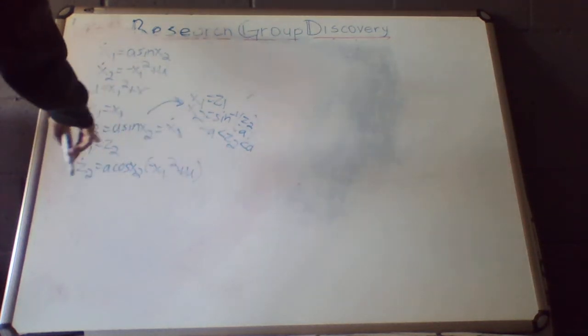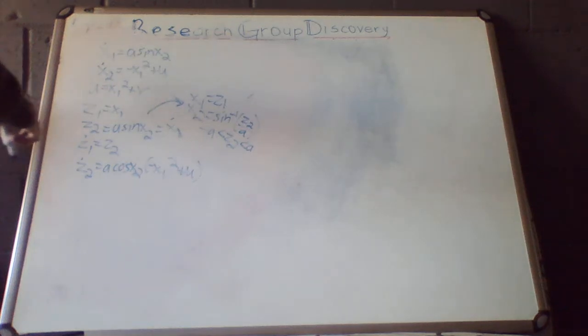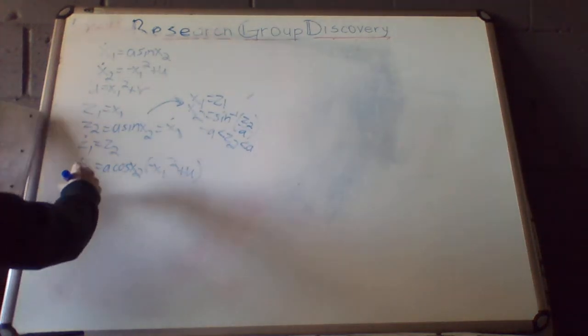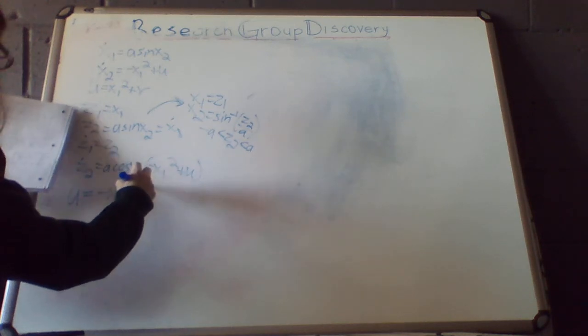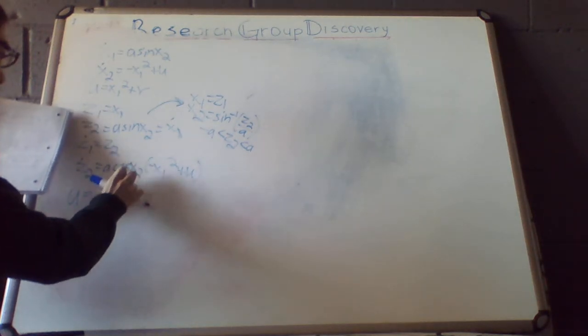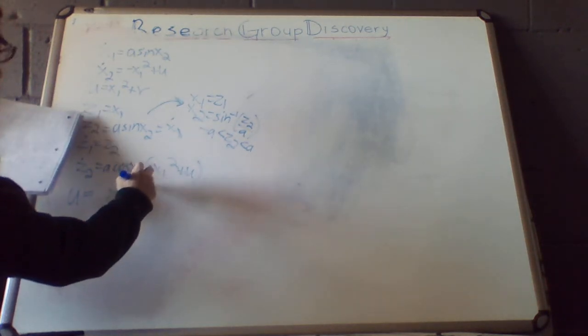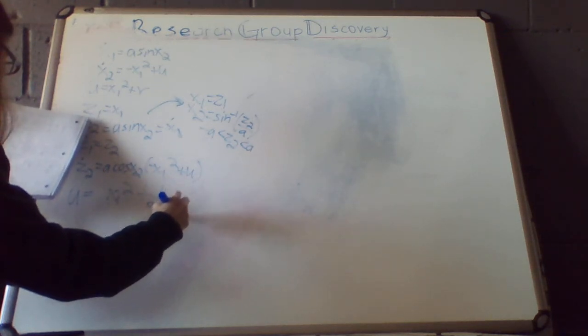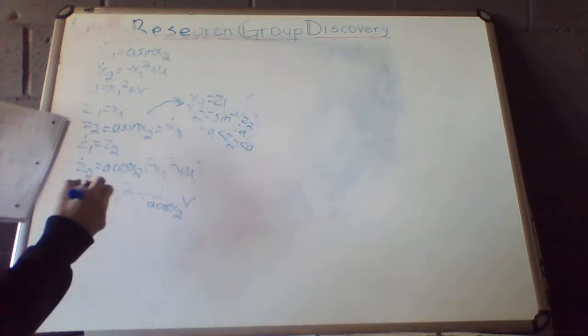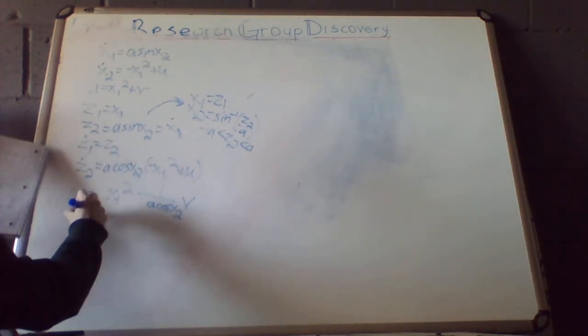Now I have my new coordinates, and so I can set u as x1 squared plus 1 over (a cosine x2) times v.